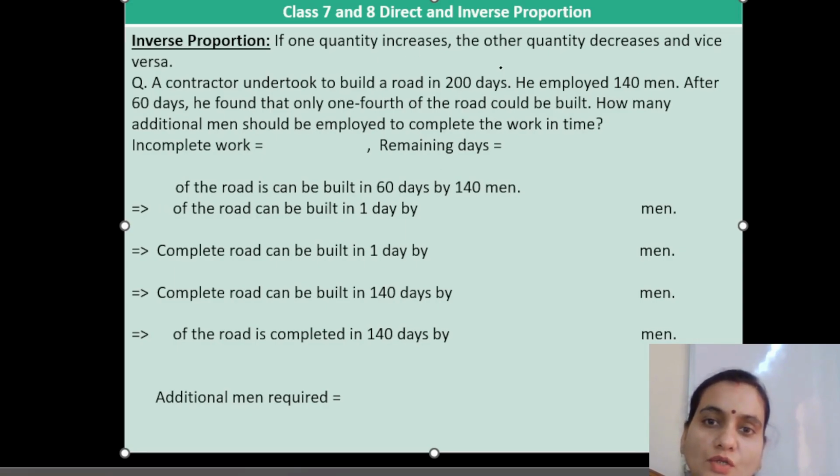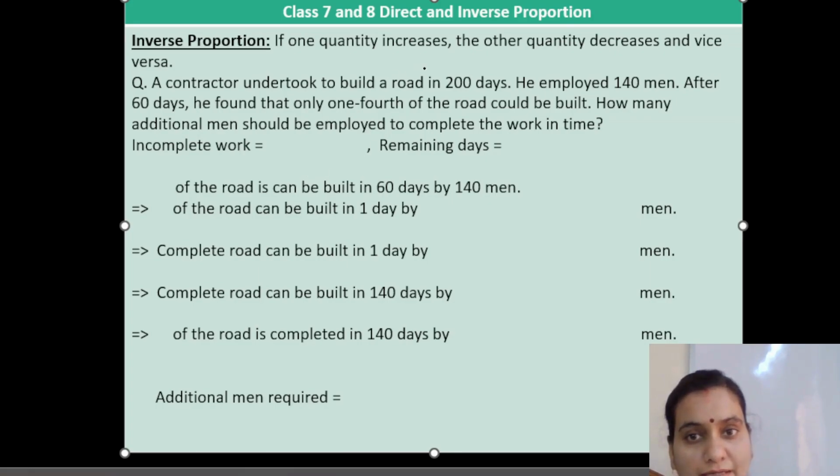So 140 men are clearly not enough to complete the road in 200 days, because within the first 60 days they could complete only 1/4 of the road. So definitely a lot more additional men are required to complete the work in less time.